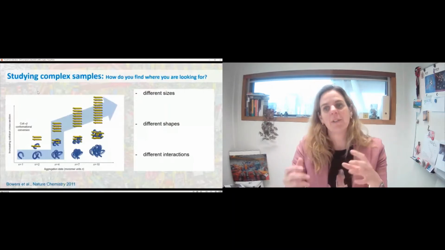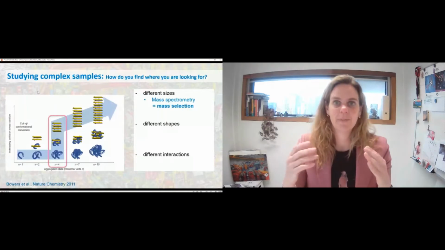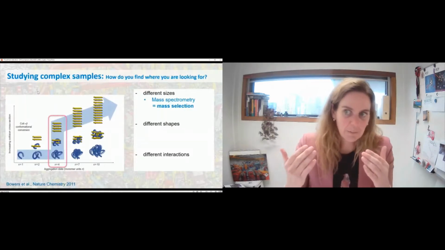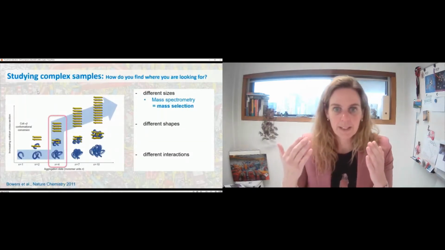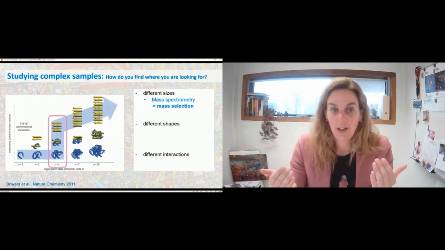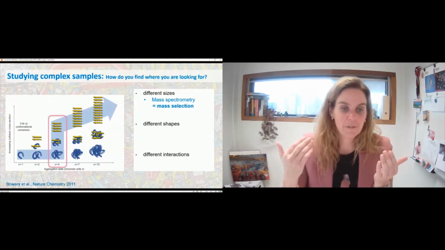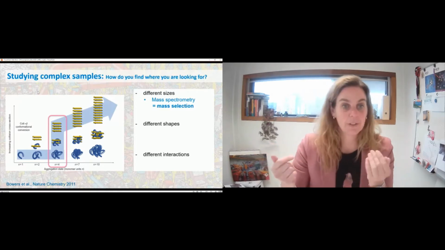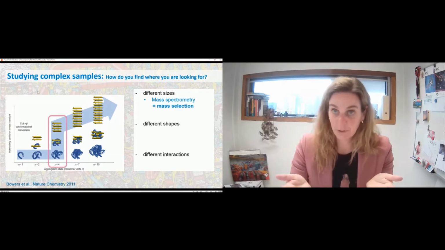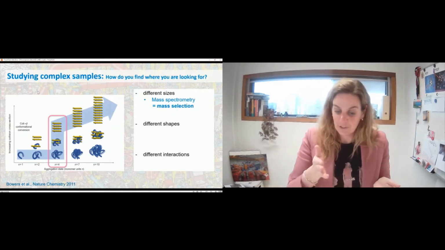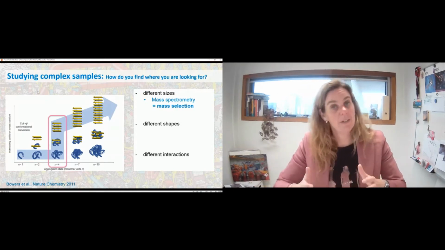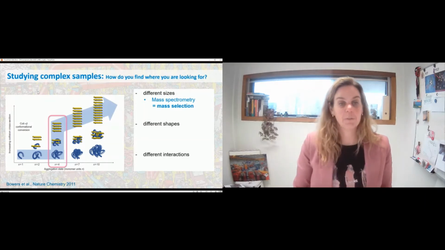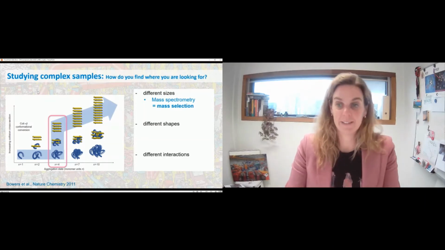Different sizes you can very well characterize with mass spectrometry, a technique to simply weigh your molecule. Of course, if you have 4 units together, it is twice as heavy as 2 units together. So with mass spectrometry, very simply, you select a specific mass, you know how heavy it is, and then you can pick your aggregate.